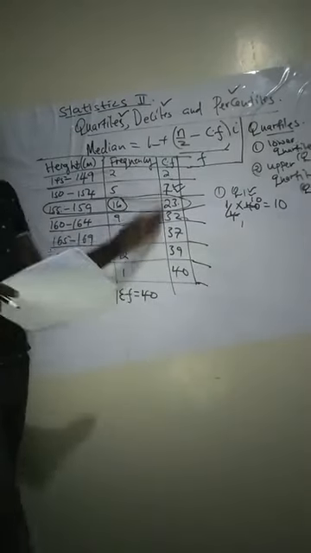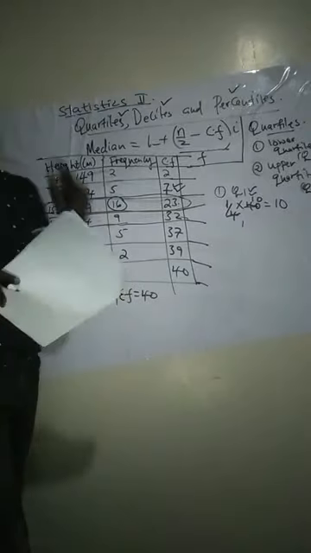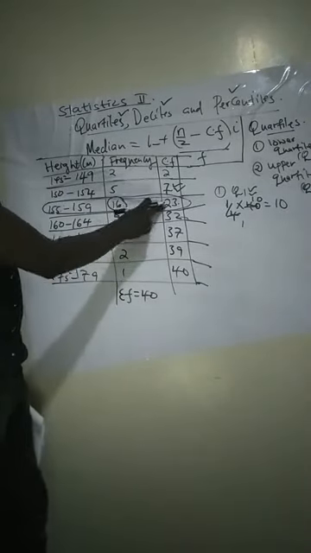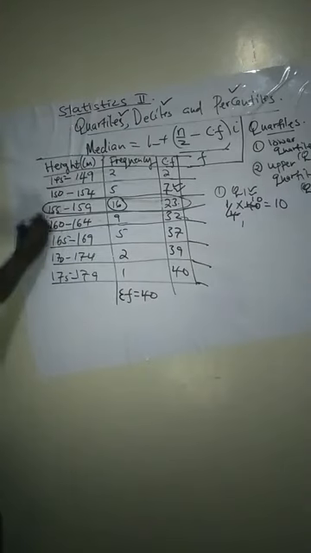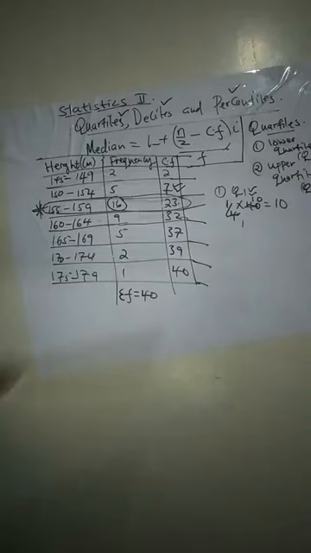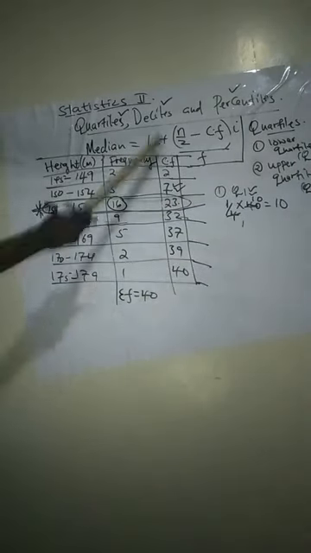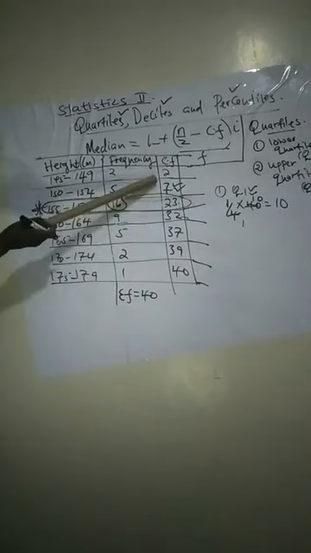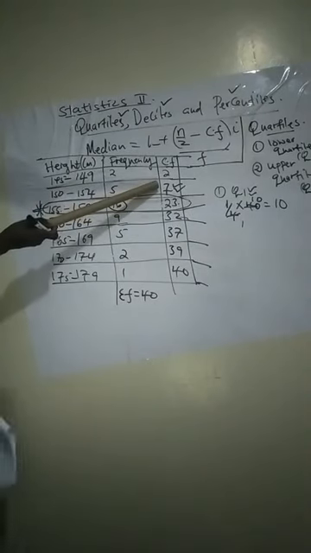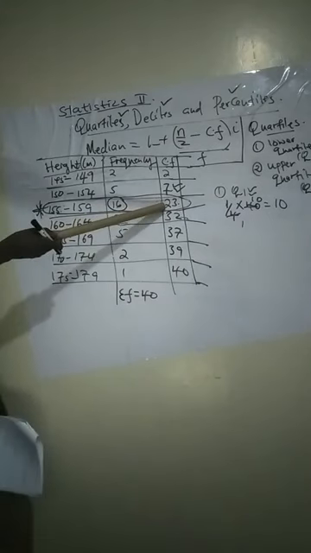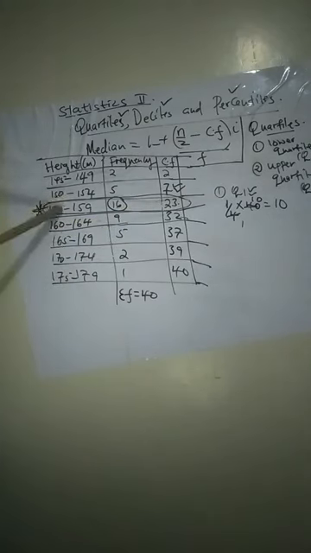Come back to the cumulative frequency column, identify where 10 is located. Notice that this is 7, so we are not yet at 10. So you will need to use this class also because 10 is located here. So this is our class.